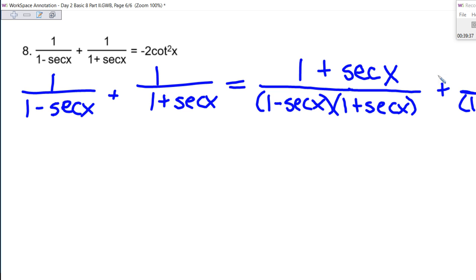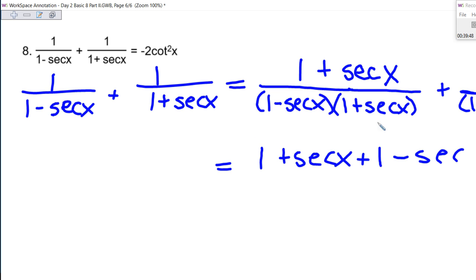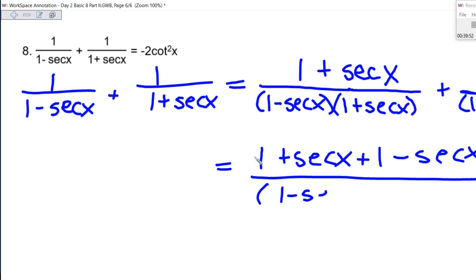And now that I have a common denominator, I can combine them together. So if I add the numerators, what's going to happen?